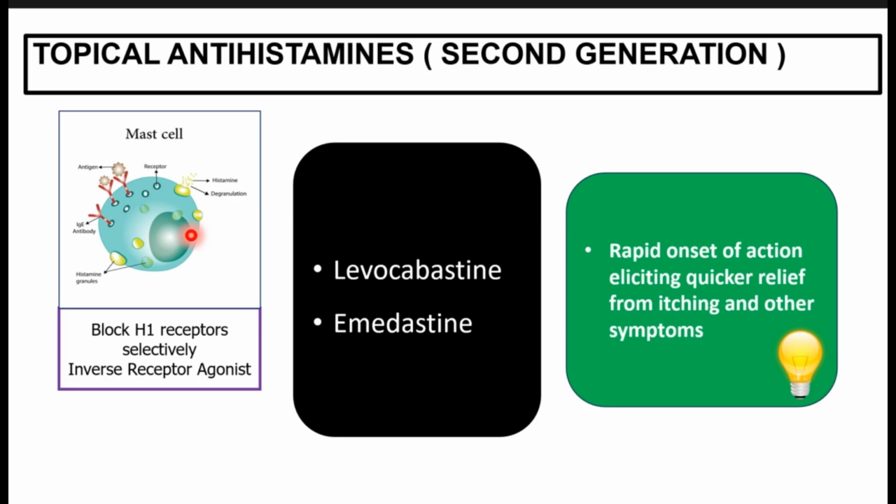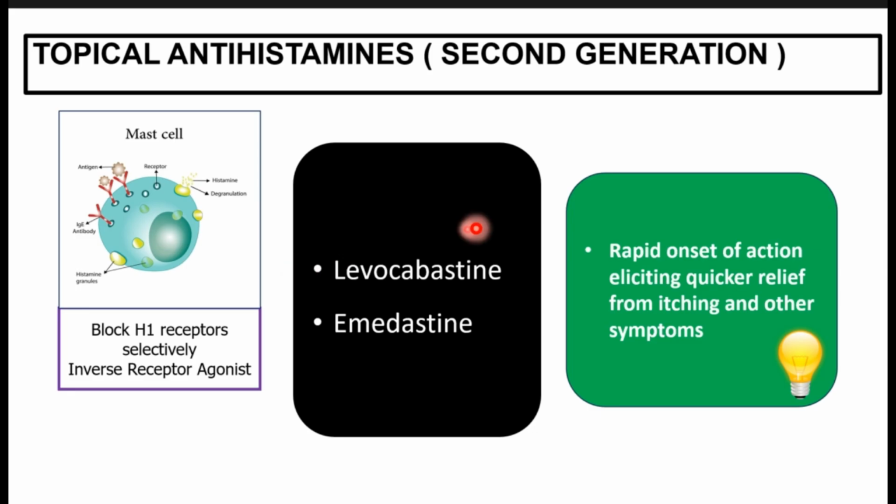So, for example, over here, our drugs are going to bind to this H1 receptor just like histamine, but instead of acting like histamine, they are going to block the physiological effects of histamine. Okay, like the pruritus, capillary dilatation, mucosal decongestion, all of those things which are mediated by histamine will be blocked. And that is the reason why these antihistamines are known as inverse agonists. Okay, so this is going to help you in your pharma as well.